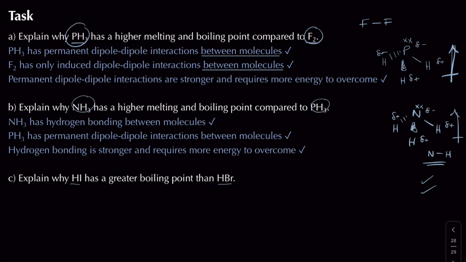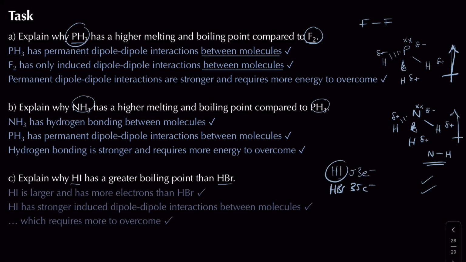If we were to look at hydrogen iodide, because this came up as an exam question, that contains iodine, which has 53 electrons. But in hydrogen bromide, the bromine atom contains 35 electrons. So if you compare the two, hydrogen iodide is larger, contains more electrons, and therefore has stronger induced dipole-dipole interactions between the molecules, and that requires more energy to overcome.